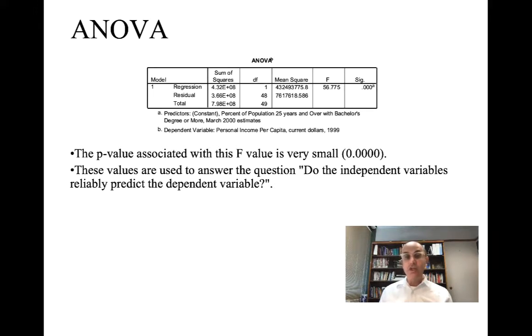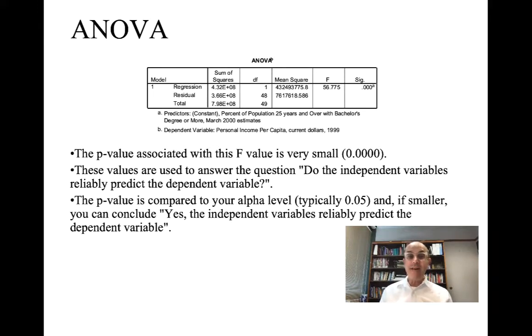By doing so, the p-value is compared to the alpha level of 0.05, and if it is below it, we can conclude that the independent variable is reliable, predictable to the dependent variable.